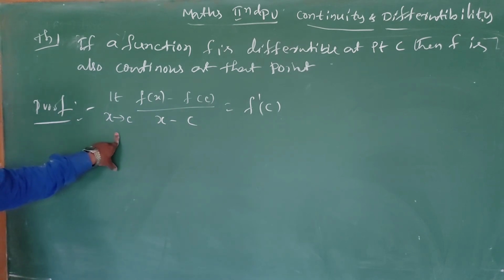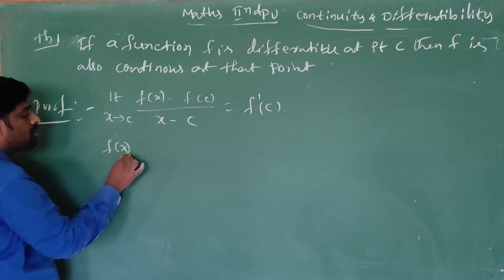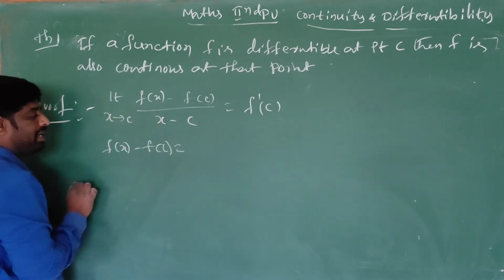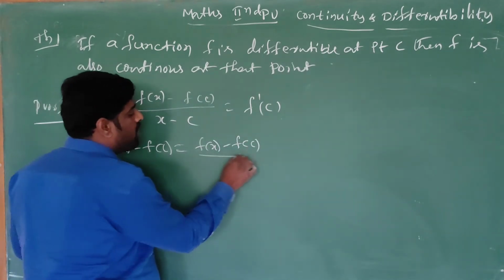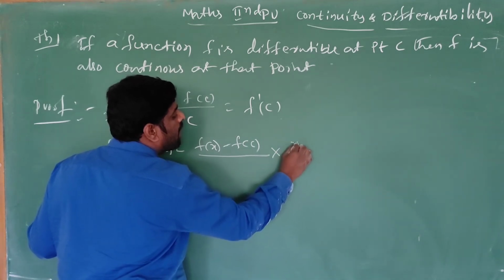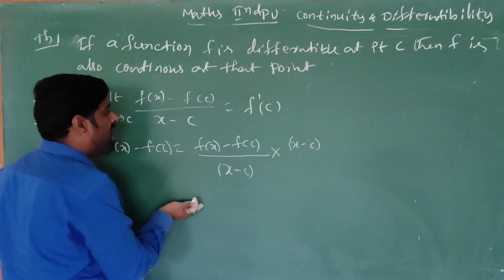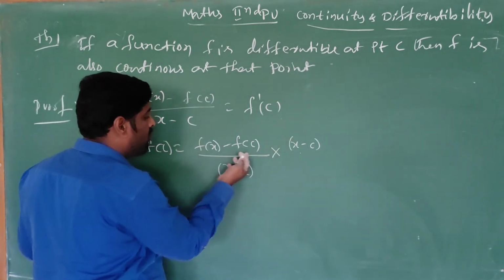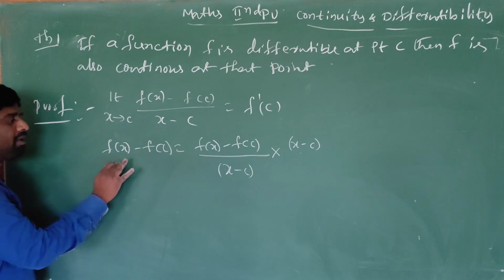Now you will take only f of x minus f of c, which equals f of x minus f of c, and we can multiply and divide by x minus c. Children, so we go back to the previous step. The x minus c gets cancelled, you will get the remaining only, and this cancel is equal to 1. Take the limit on both sides.